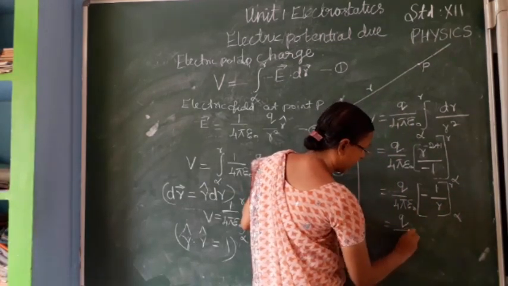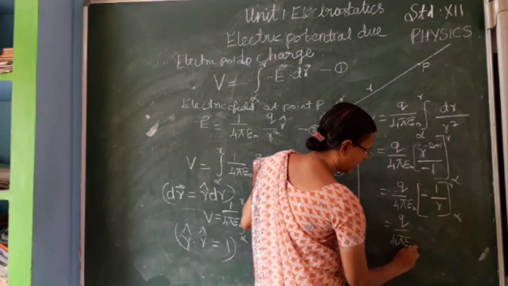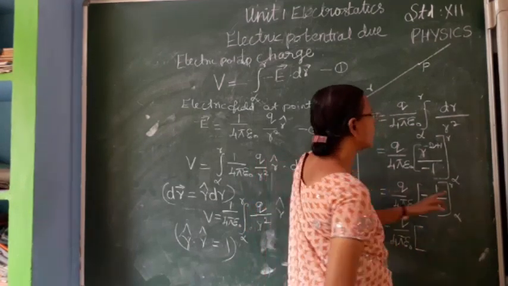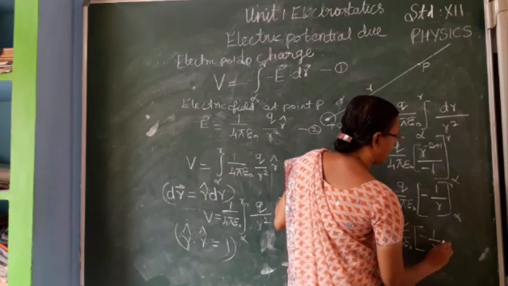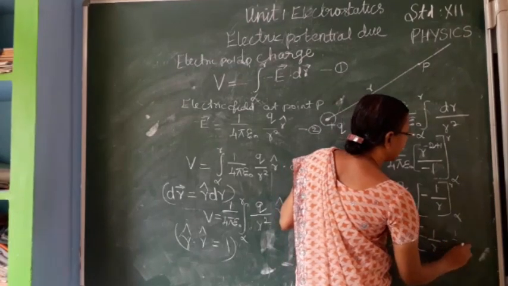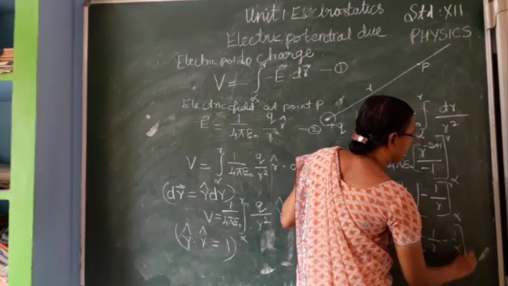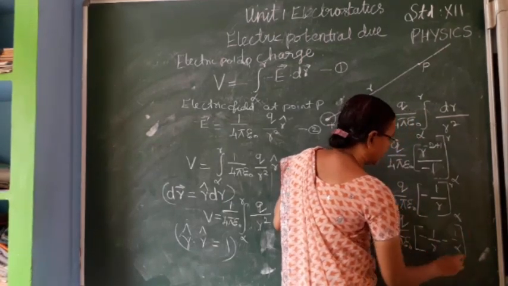So Q divided by 4 pi epsilon 0. We have to substitute this: minus 1 by R minus 1 by infinity. 1 by infinity will become 0, so this term is neglected.